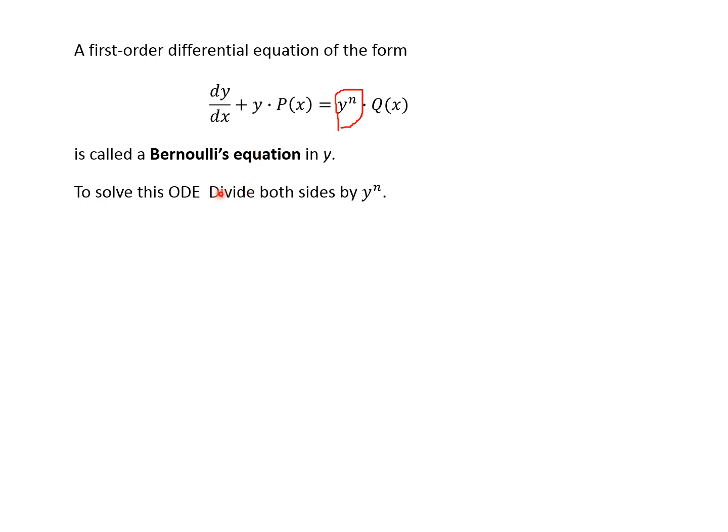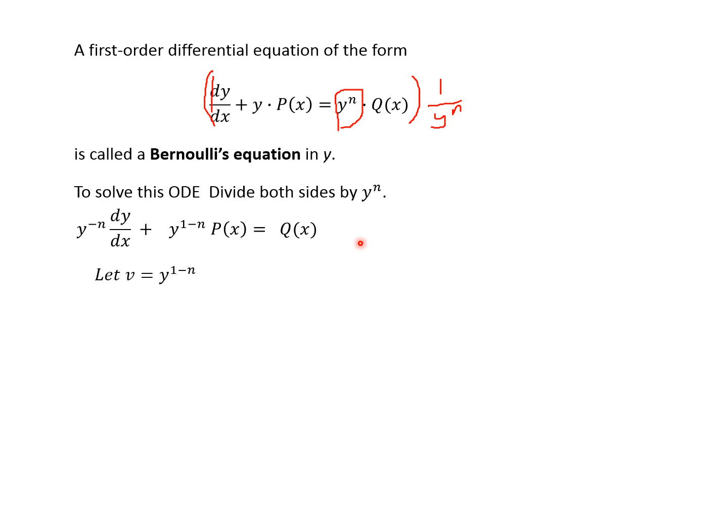If you divide both sides by y^n, this will give you y^(-n) dy/dx + y^(1-n) p(x) = q(x).